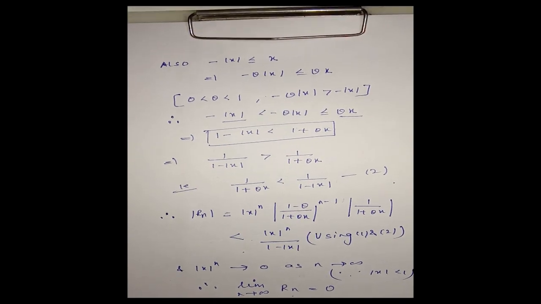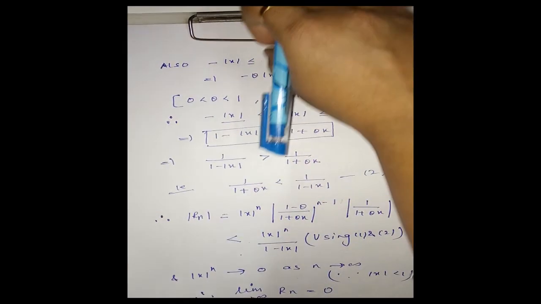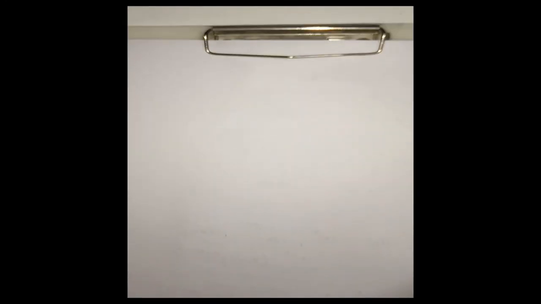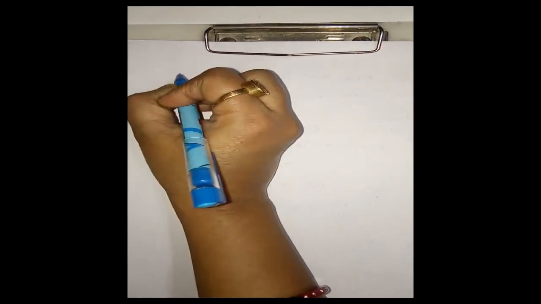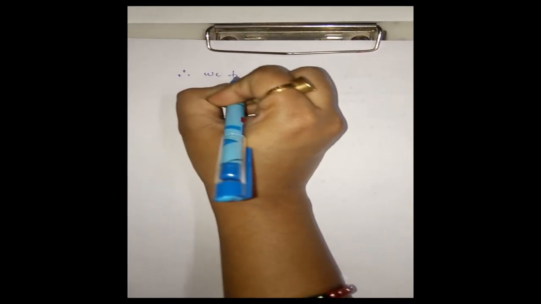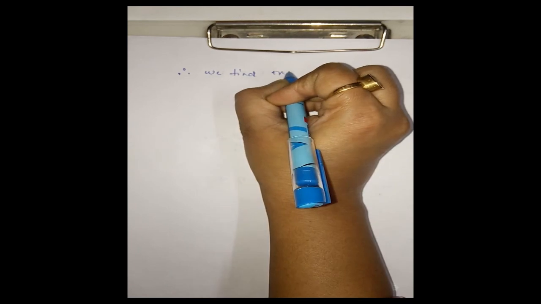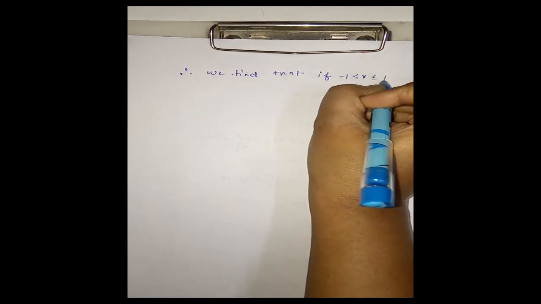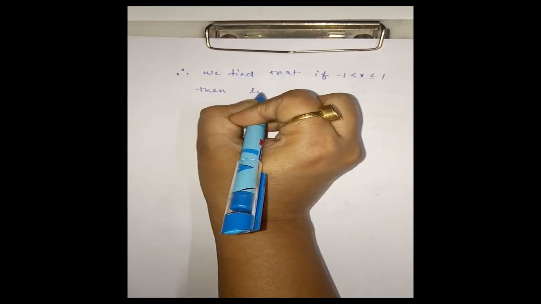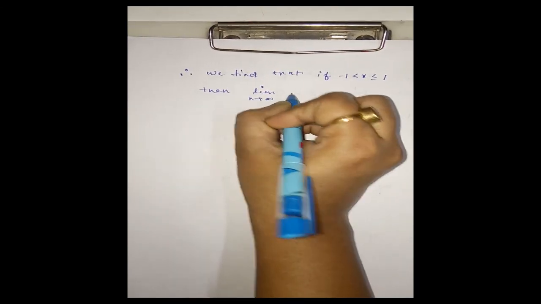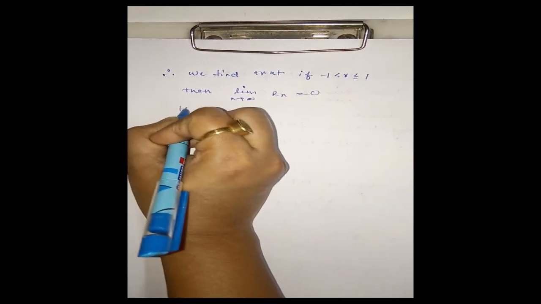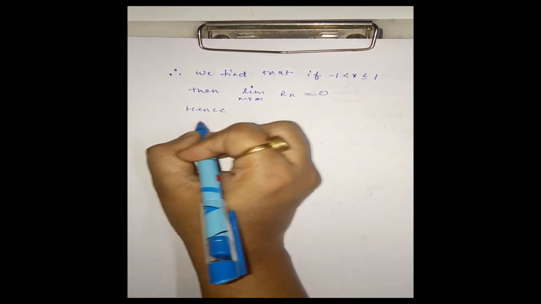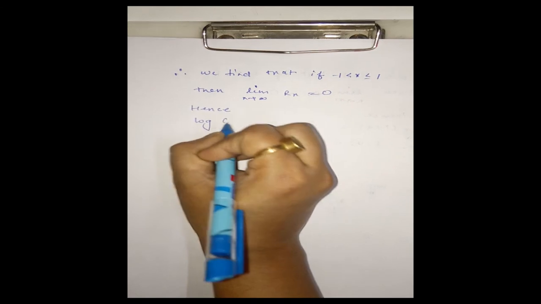That is clear. Now therefore we find that if minus 1 less than x less than or equal to 1, then limit n tending to infinity Rn is equal to 0. Therefore both the conditions of Maclaurin's infinite expansion are satisfied.